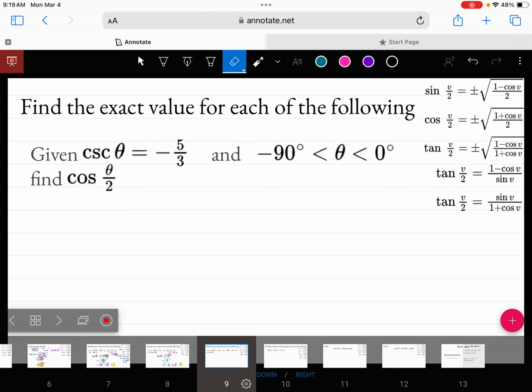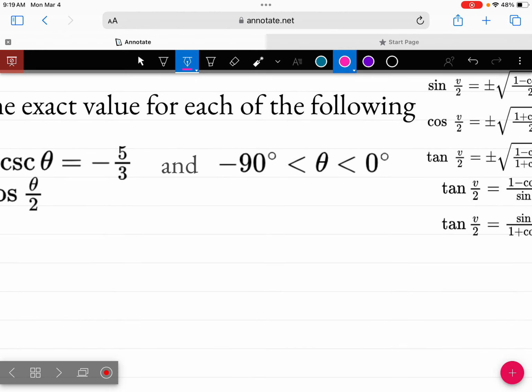And we're asked to find cosine of theta/2. This is one that the book loves to do because they are on purpose trying to trick you. Because what quadrant are we in? 4. They just listed it out all weird. We're in quadrant 4.